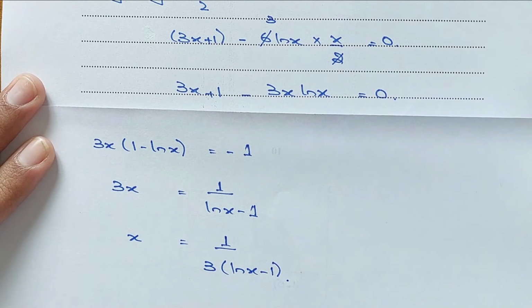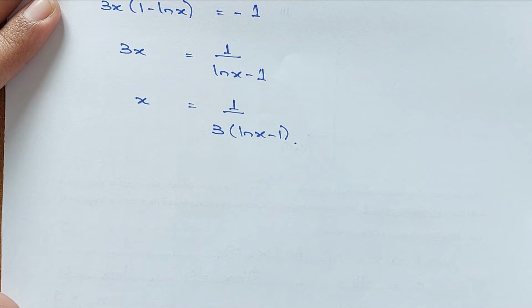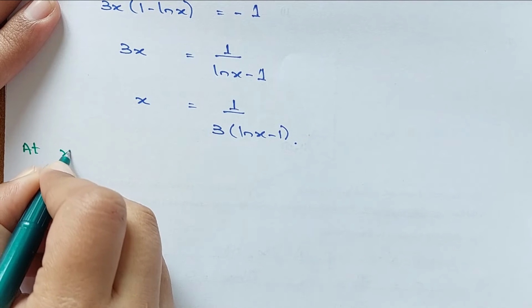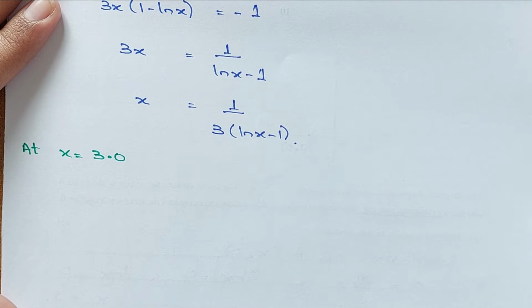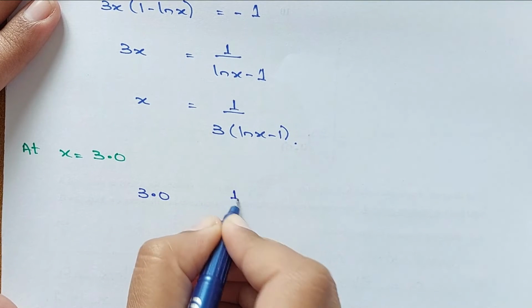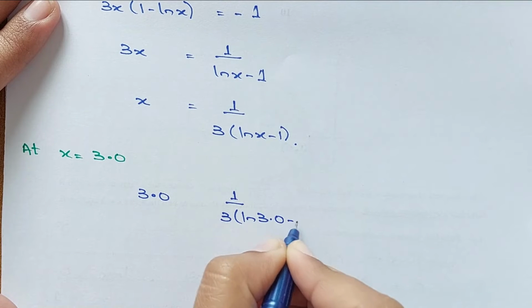So we have to show by calculation that the x coordinate of B lies between 3.0 and 3.1. So we have to check at x equals 3.0. What is this calculation? 1 over 3 times (ln of 3.0 minus 1).